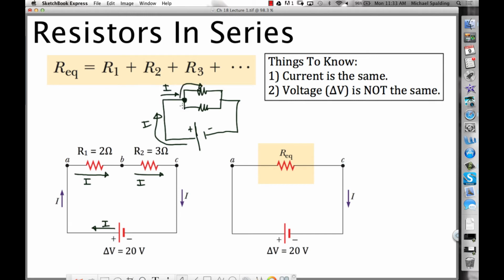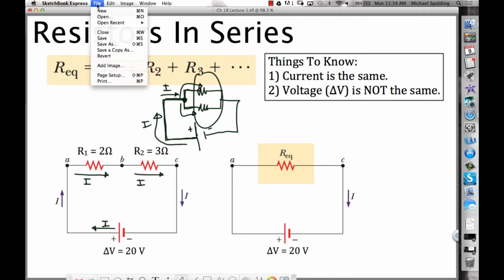It splits. A common analogy with current is water through a pipe, like you're setting up a sprinkler system. Anybody ever done that? You have water flowing, and it hits this point. What happens to that water flow? It splits. It bifurcates. That is parallel. These resistors would be parallel.